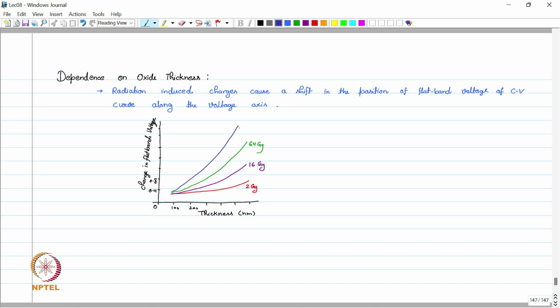So this is, let's say, 100 gray or so. Though the numbers are not important, the trend is there. When we receive more radiation, there is a bigger change in the flat band voltage, and this can be easily detected by calculating how much charge is there in the gate oxide with respect to thickness.